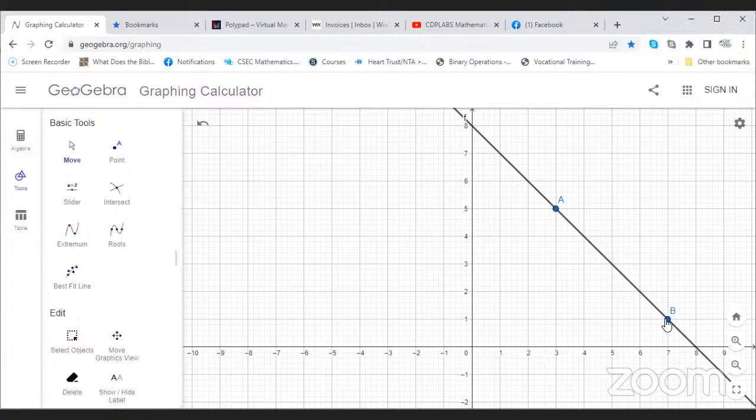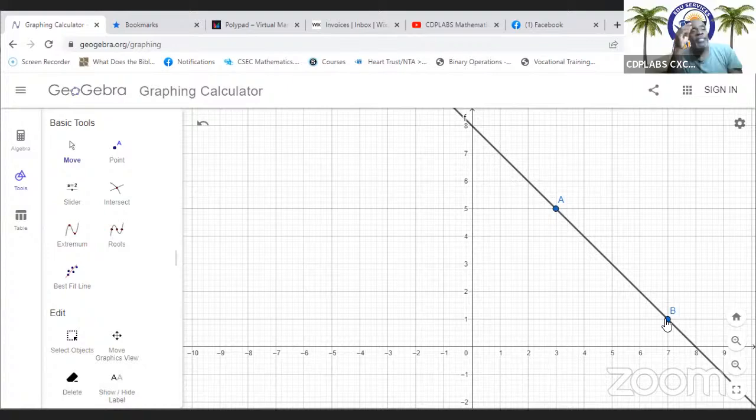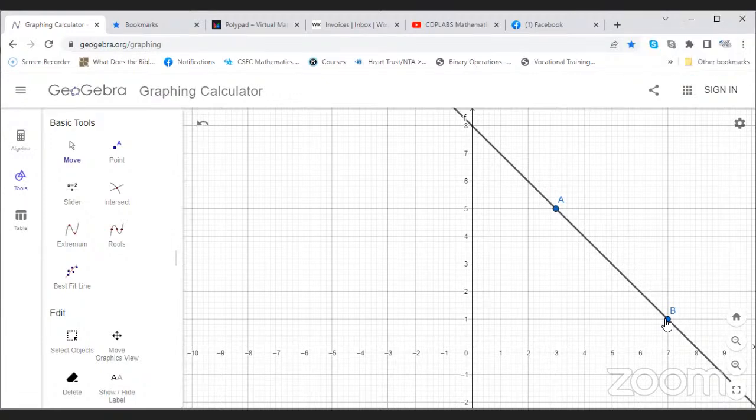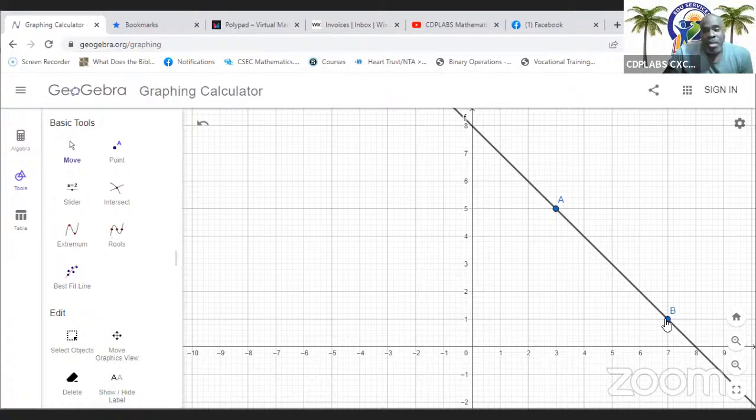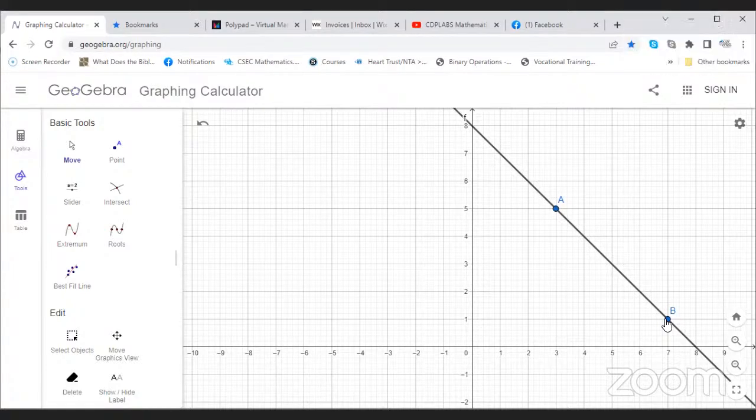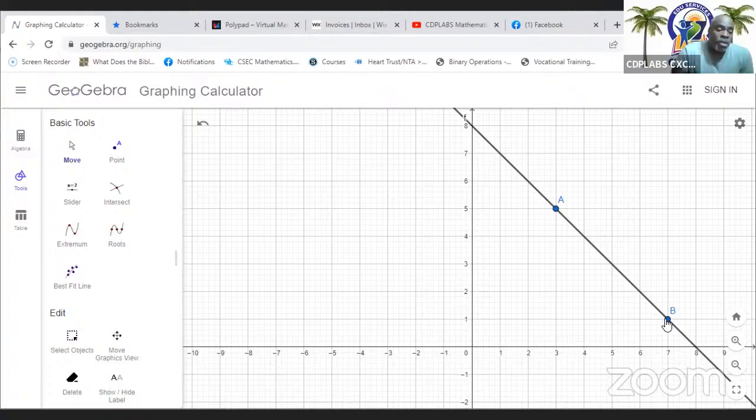Now, to find the length of AB, if you put it on the graph, you can count the number of units. Yes, but you could just use a ruler and measure the length. Because if you create the graph for yourself, remember the distance between each number is 1 centimeter.